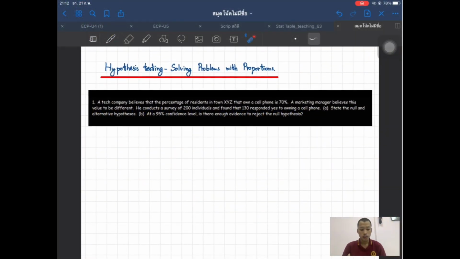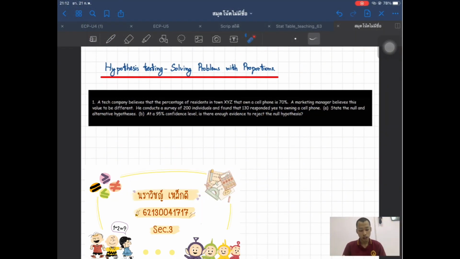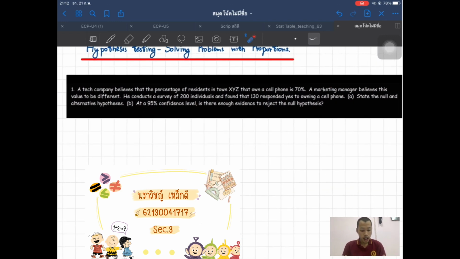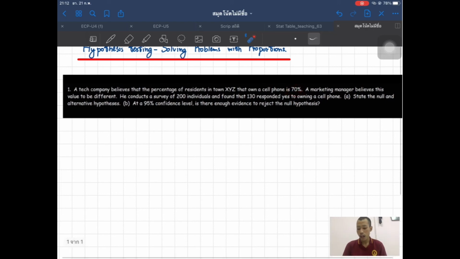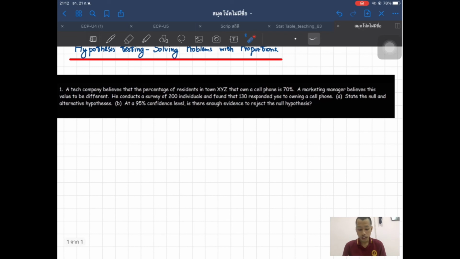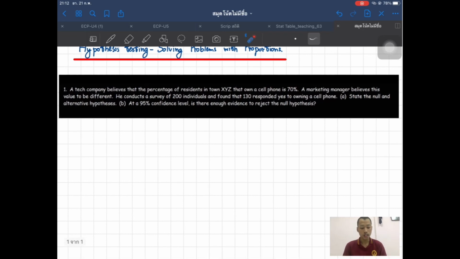Okay, this problem is about hypothesis testing, solving a problem with proportions. A tech company believes that the percentage of residents in town XYZ that own a cell phone is 70%. A marketing manager believes this value to be different.